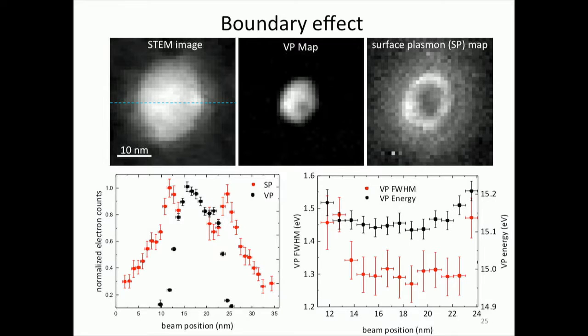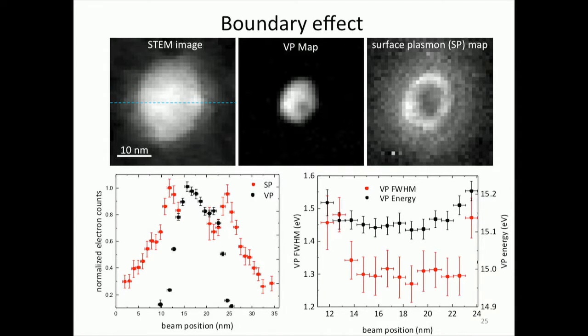From the center to the edge, it changes from 1.3 eV up to 1.5 eV, more or less. This is another key signature of the boundary effect, and this happens throughout all the structures that we analyzed.